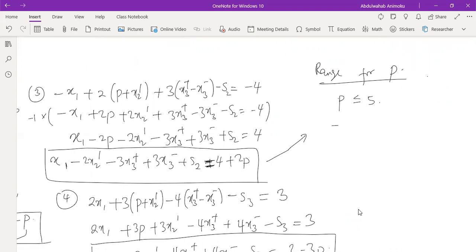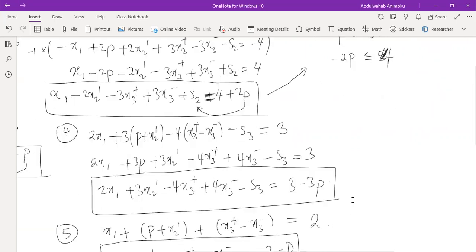Something similar. So think of minus 2P to be on this side of the equation. That means minus 2P will be less than or equal to 4. And then for the third one, we'll have 3P. So if you take this to this side, it will be 3P plus something else, right? Equal to 3. So that means 3P will be less than or equal to 3.